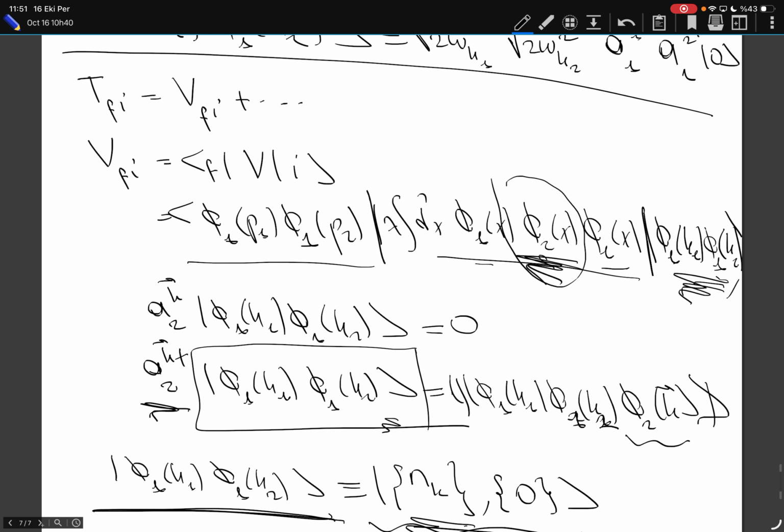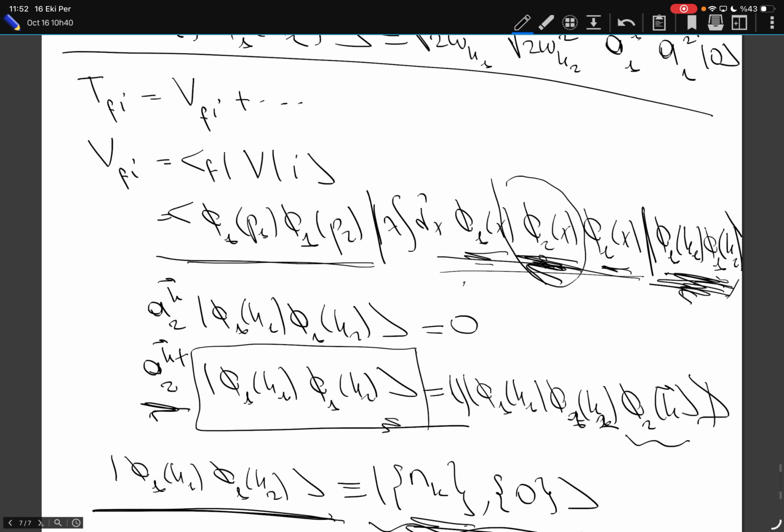That will create a phi 2 particle in this state. Now, these phi 1 fields, I'm not looking at what they are doing. I don't need it at the moment. Whatever they do, they will not change the number of phi 2 particles. So if this creates one phi 2 particle in this state, the others will not change, but the final state doesn't contain any phi 2 particles. So their overlap will be 0.